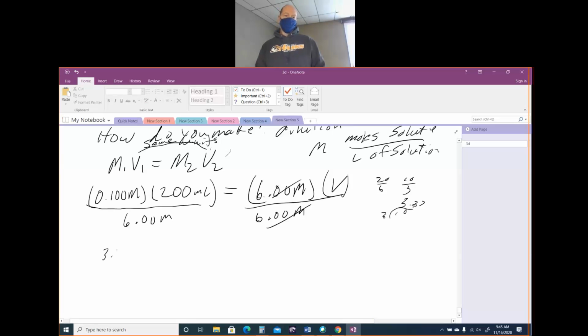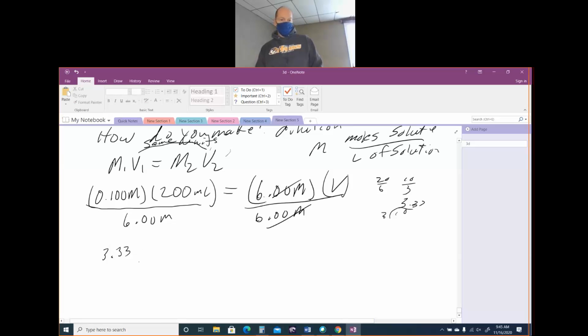So to 3 sig figs, 3.33 repeating, 20 divided by 6.